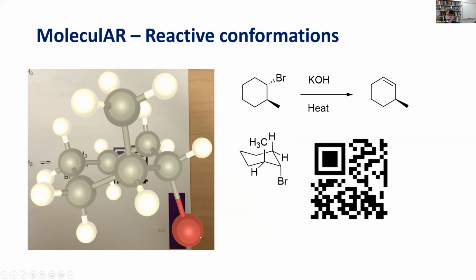This is our attempt at helping students see that, in this particular structure, there is only one axial hydrogen that can be removed by the base. Practically there is only one place for the elimination, or the double bond, to form.